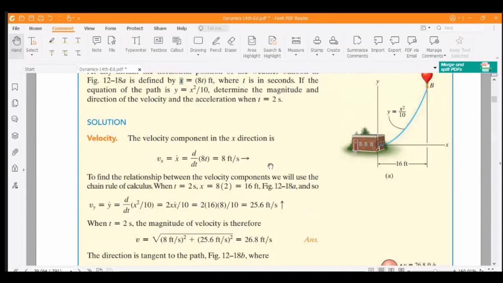Velocity means rate of change of position, isn't it? With respect to time, how much does it change? Velocity is the derivative of the position, ds by dt or dr by dt.